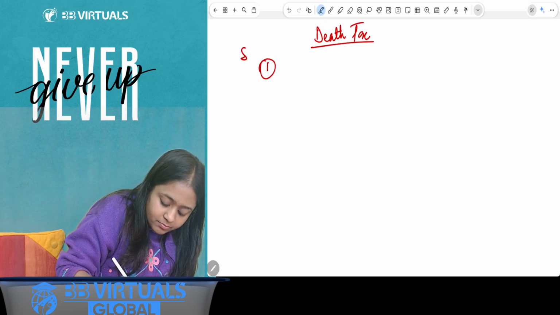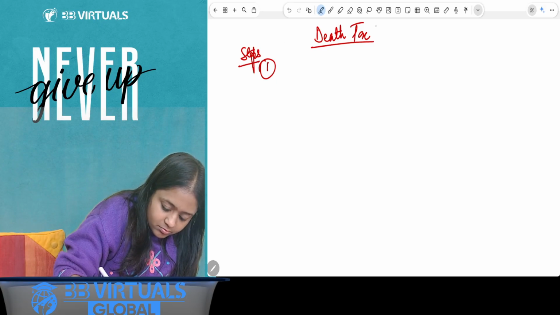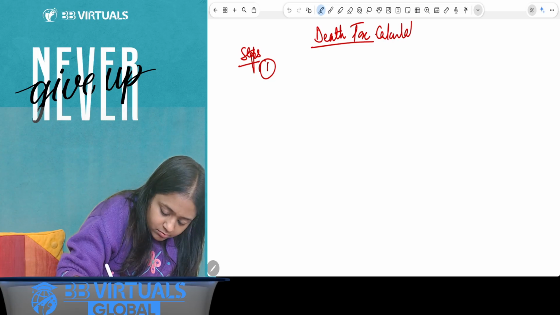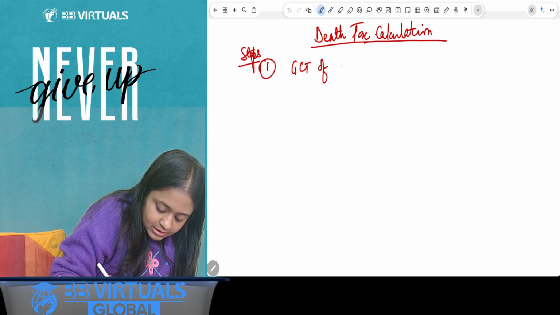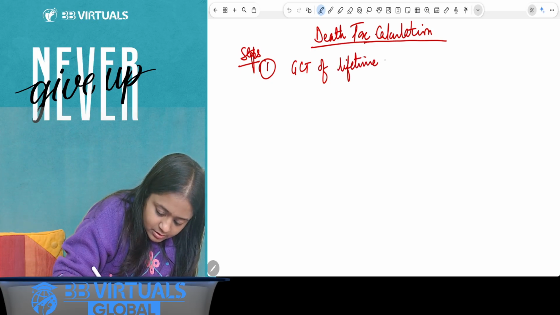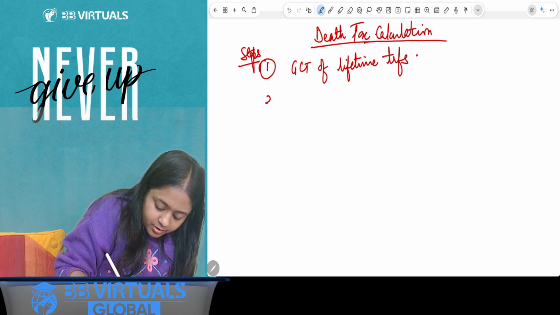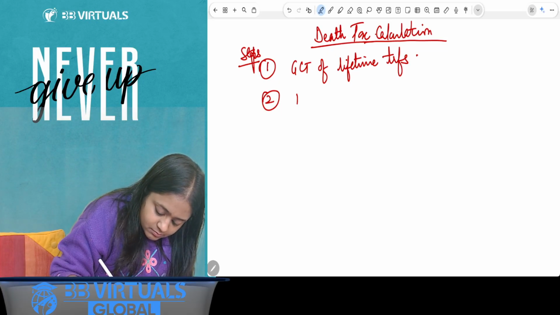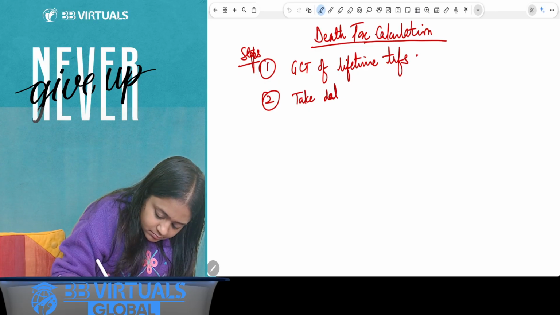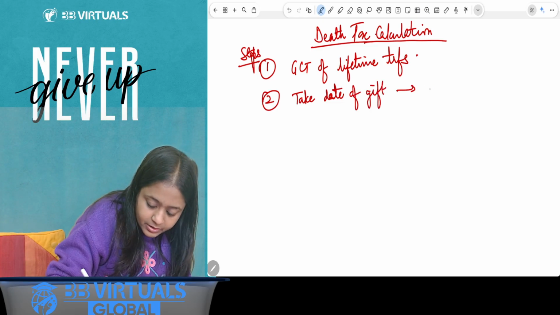Step 1, GCT of lifetime transfers, because that is your starting point. Number 2, take the date of gift.